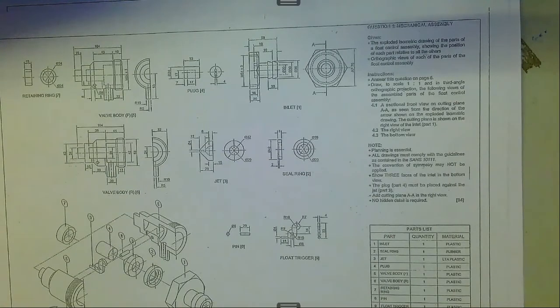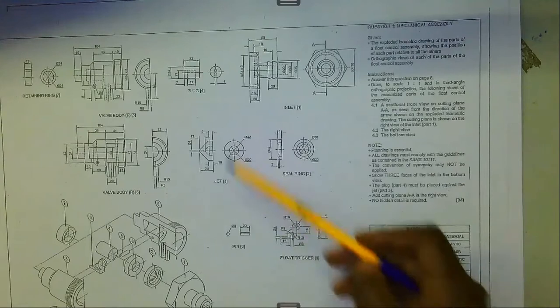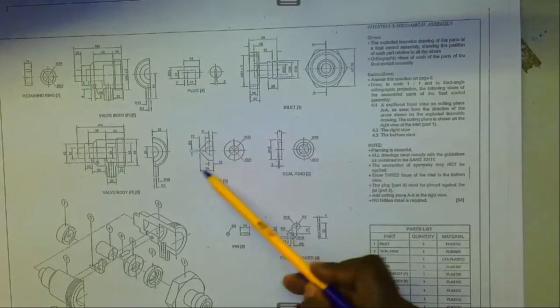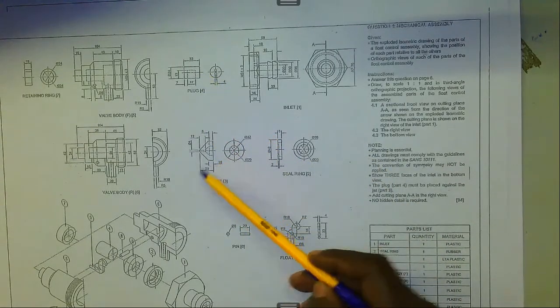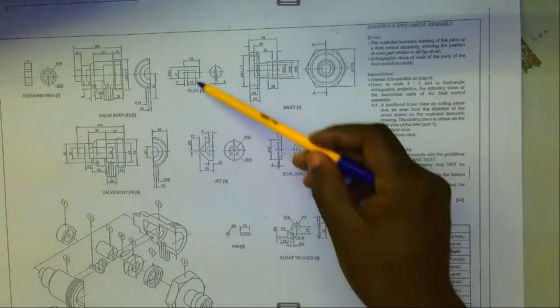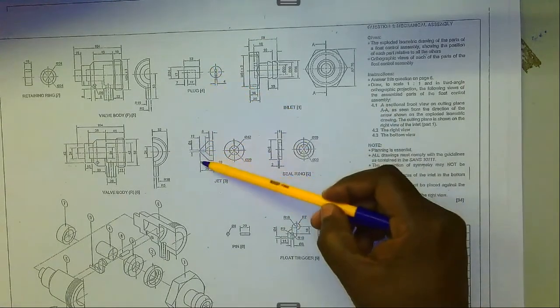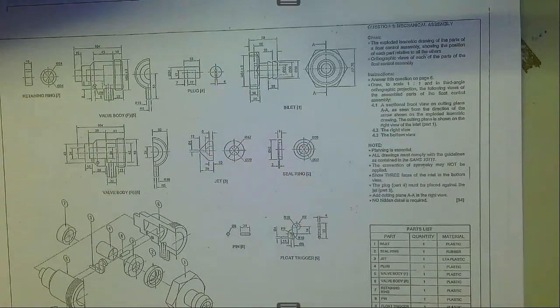Show 3 faces of the inlet in the bottom view. The plug, part 4, must be placed against the jet. So what it means is that either this side should be in contact with that. Add cutting plane AA in the right view. No hidden detail is required.